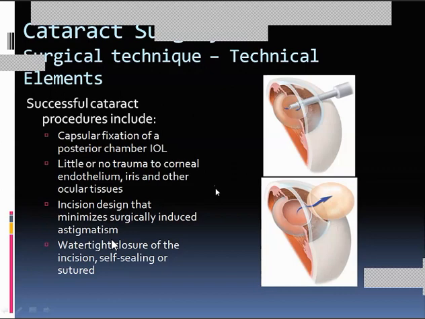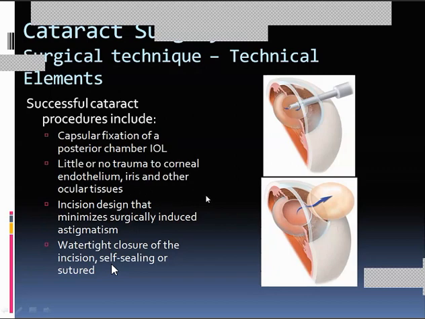There is corneal decompensation because of the decreased number of endothelial cells. Once the endothelium is lost, it won't regenerate. So we have to take care of the endothelium. There should not be any trauma to the corneal endothelium, and also the iris, as in the case of iris dialysis, which can occur in cases of hard cataract, and we should not damage the intraocular tissues, like the iris and all the other structures.